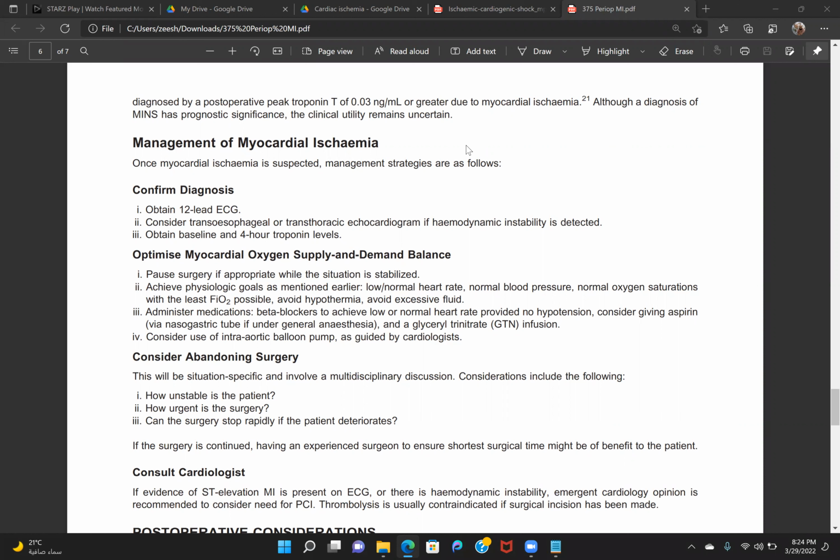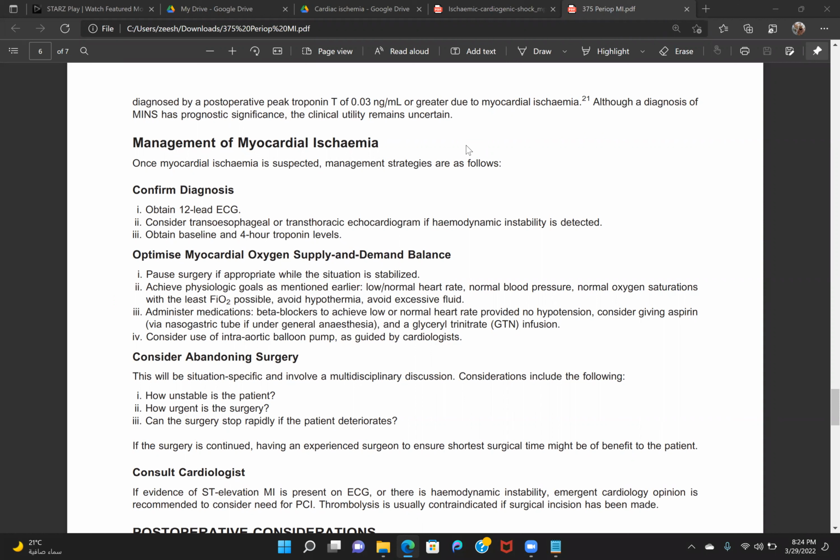Sir, once we have picked that there is an MI, we will go for airway, breathing and circulation, call for assistance, inform the surgeon, and call for help. This is the default answer. You will be increasing the FiO2. You will try to maintain the hemodynamics, and look for any hemodynamic instability, because you may or may not have hemodynamic instability in every patient.